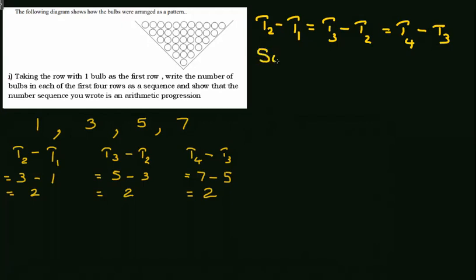So this sequence, this progression, is an arithmetic progression. That's one way of presenting the answer.